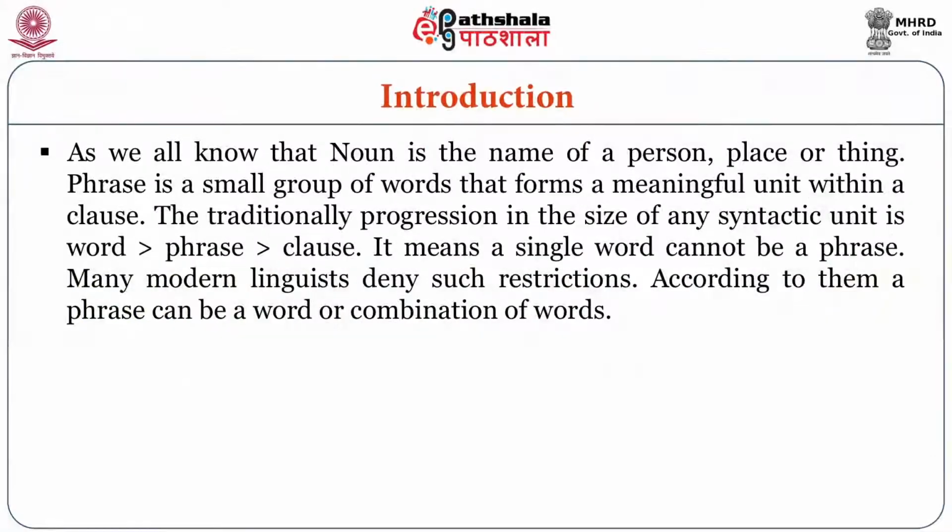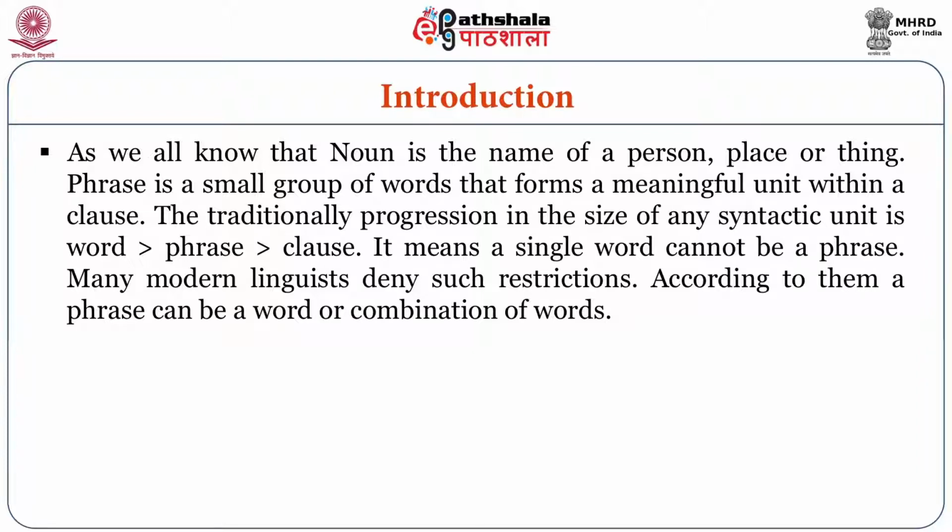As we all know, noun is the name of any person, place, or thing. Phrase is a small group of words that forms a meaningful unit within a clause. Traditionally, the progression in the size of any syntactic unit is word, phrase, clause. It means a single word cannot be a phrase.